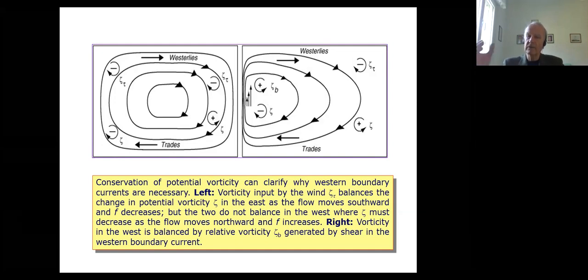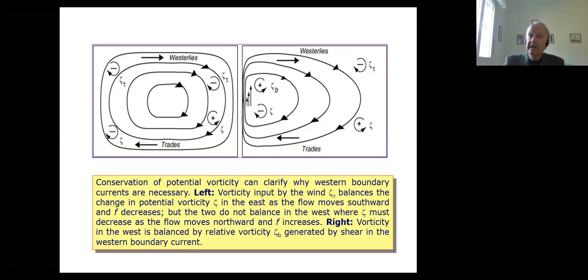Because if you input negative vorticity into the water particle, it should go southward, because you are squeezing the water column, and you are increasing the theta, and then you have to decrease also the f.